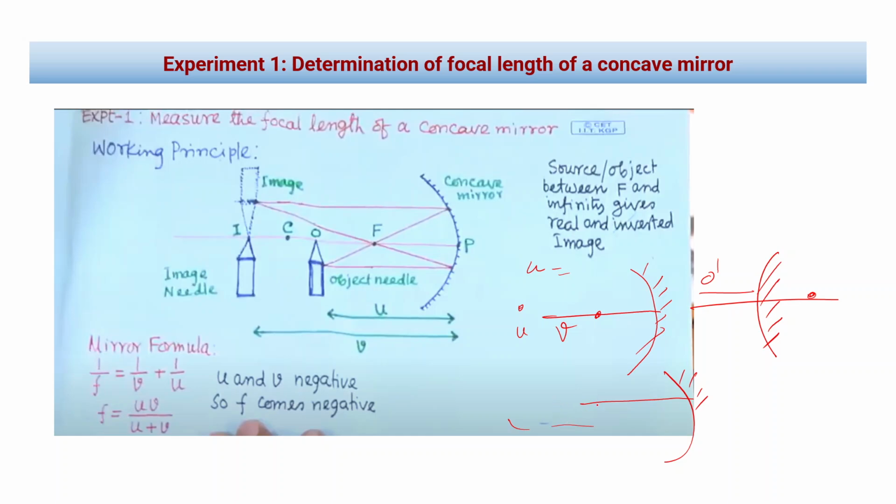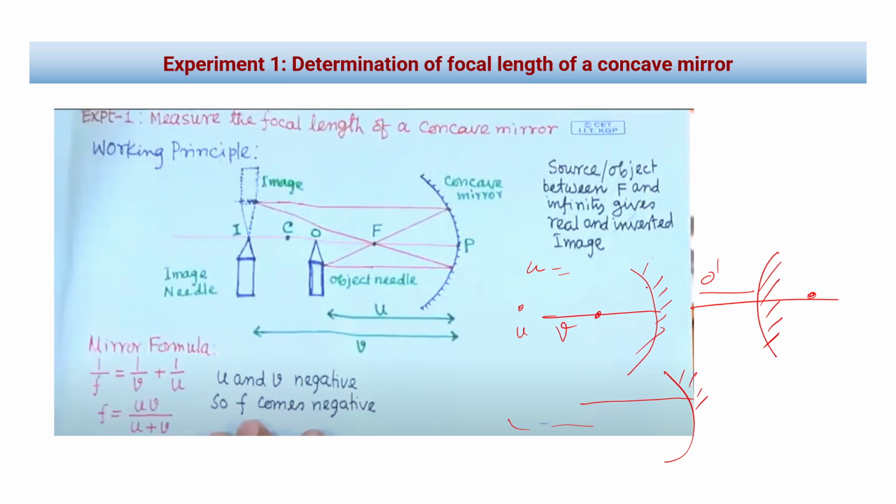But if you don't make these pictures, things get a little tricky, especially when you have to deal with sign conventions, where sometimes it's positive and sometimes negative, depending on its position.